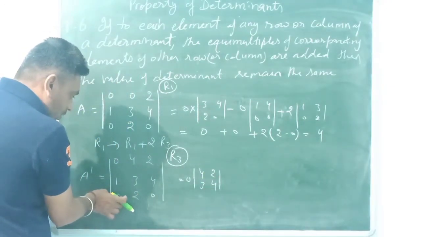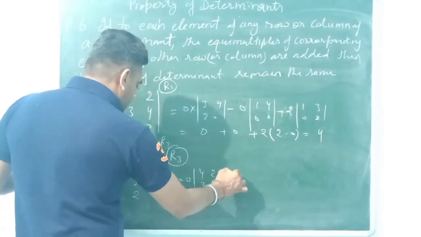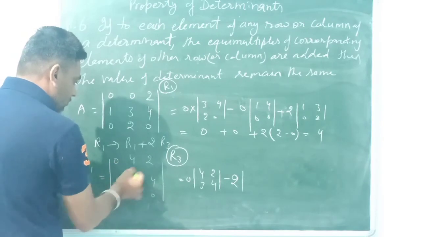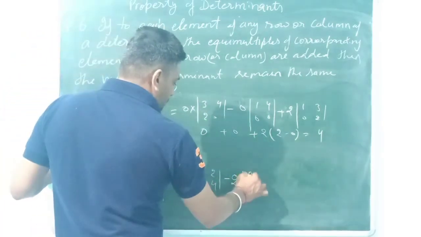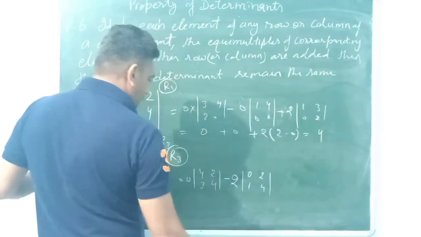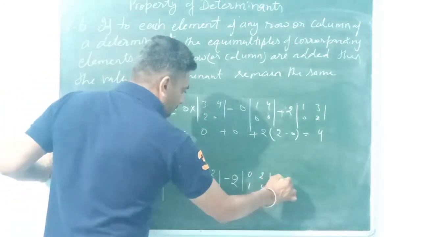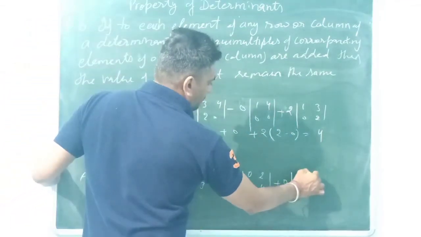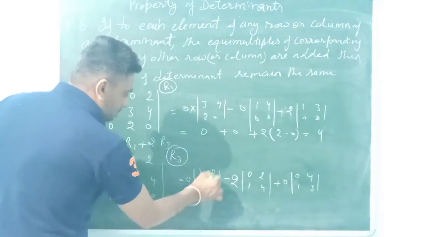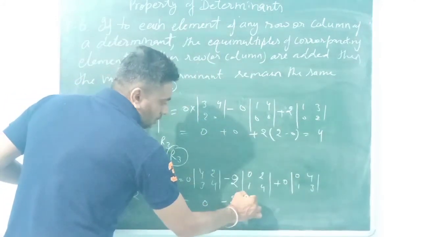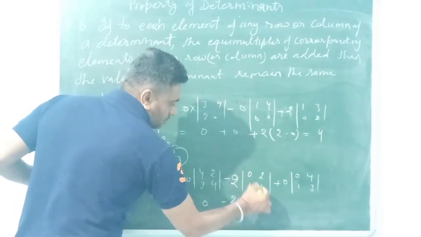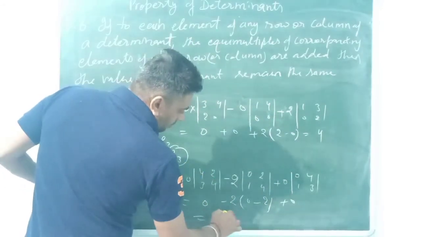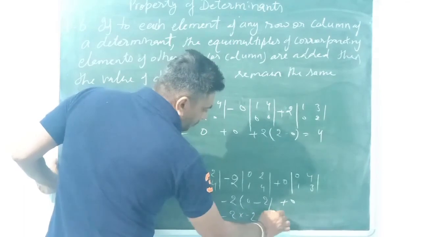This is 3 1, 3 2, minus 2 into 0 1, 2 4, again plus 0 into 0 1, 4 3. Now this becomes 0 minus 2 into 4 into 0 0 minus 1 into 2 2 and plus 0. This becomes minus 2 into minus 2, equal to 4, and this is 0.